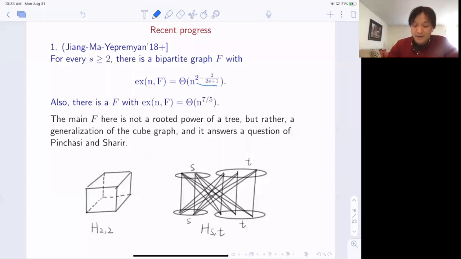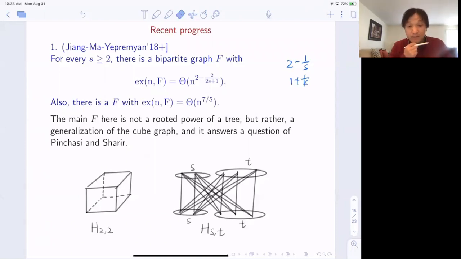So again, in the previous slide, I said you can realize 2 minus 1 over s, you can realize 1 plus 1 over k, but this 2 minus 2 over 2s plus 1 is not one of them. And also there we can show there's an F with exponent 7/5.